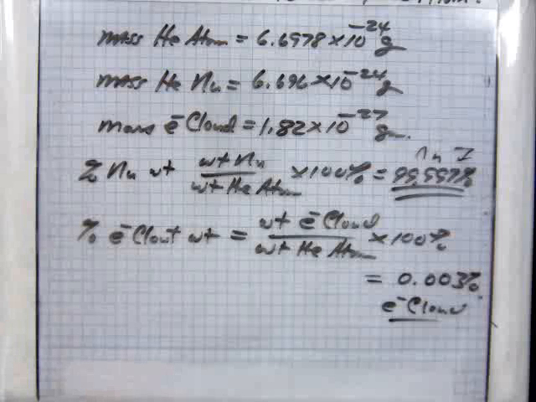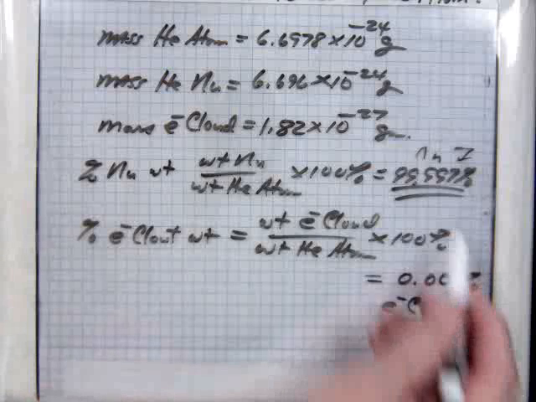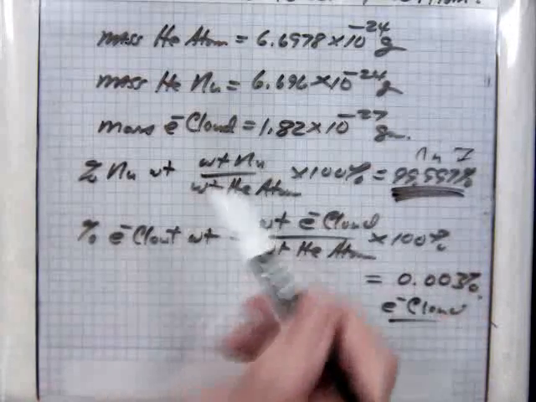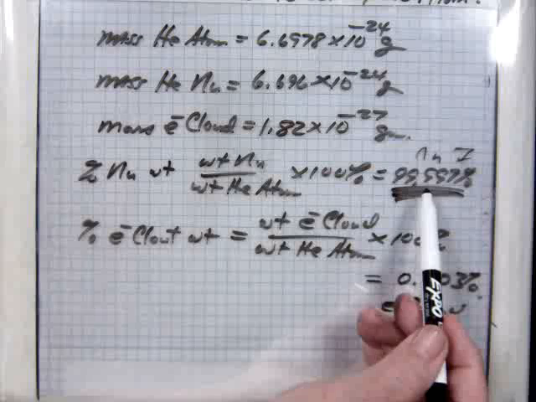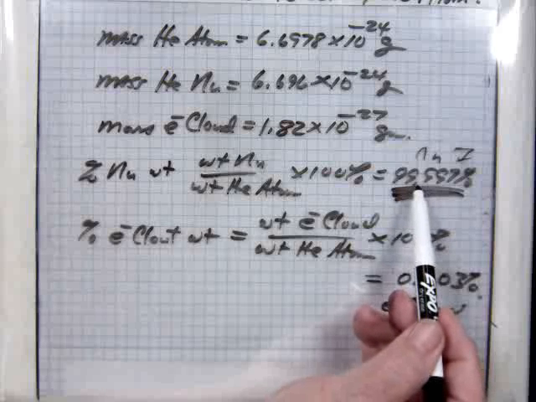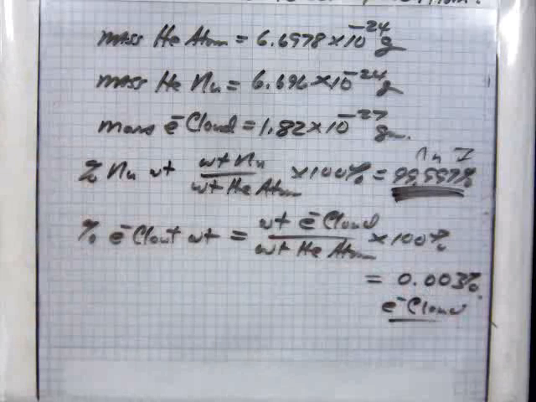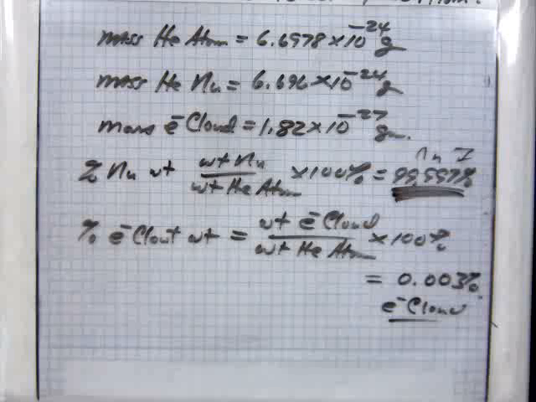Now the last one, so what I'm asking you to remember is that this is a postulate of the Rutherford theory, that the nucleus comprises 99.997% of the atomic weight, and the rest of it is the electron cloud.